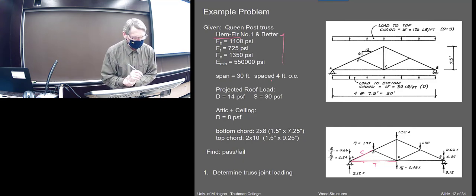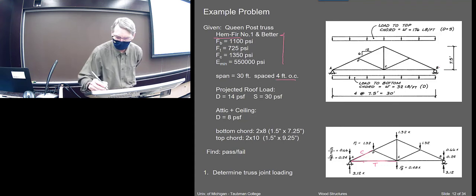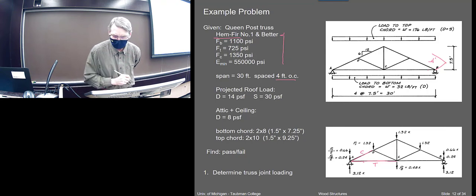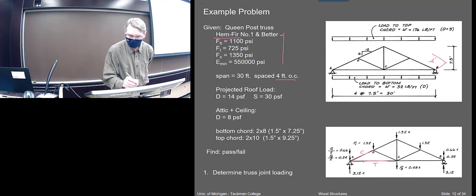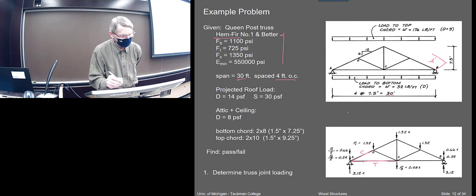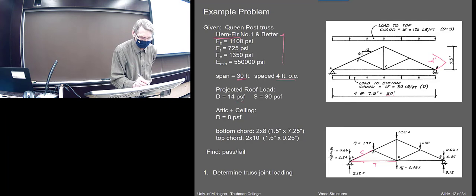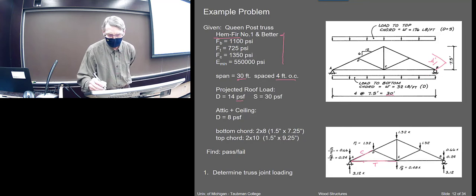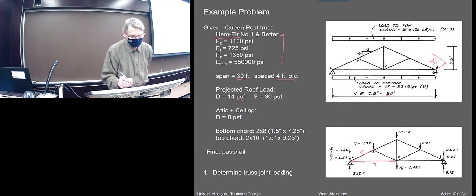So what do we got here? These are supposed to be 4 foot on center, right? So there's another one over here at 4 feet on center, and the span of the whole thing is 30 feet. And the load is given in PSF as a roof load. So if they're 4 feet on center, that PSF times 4 should give me these loads.